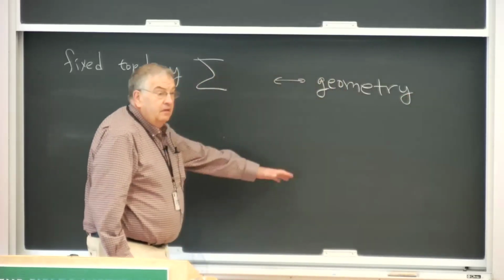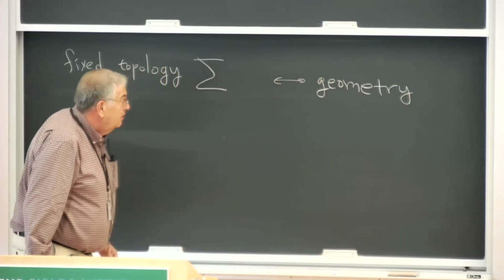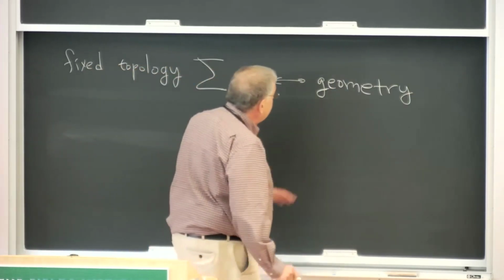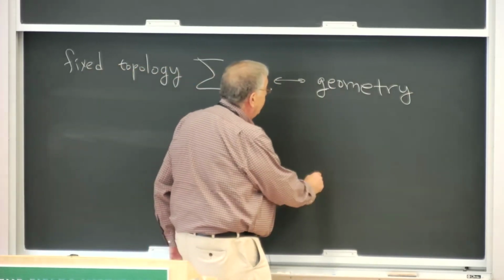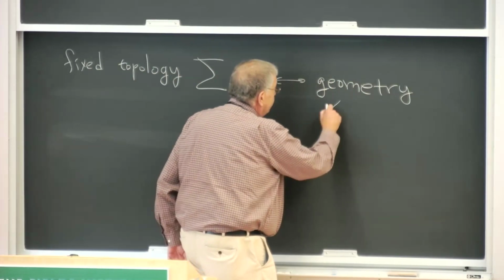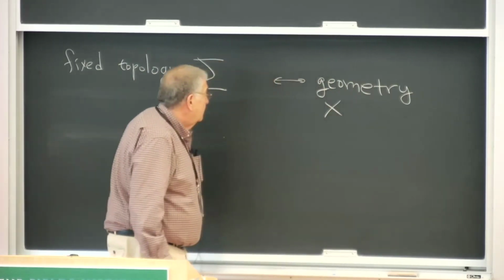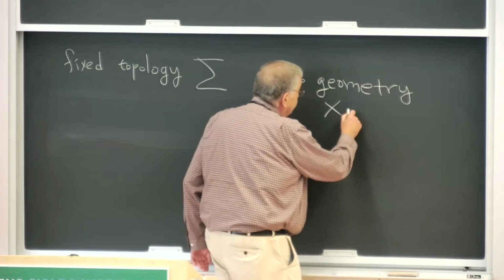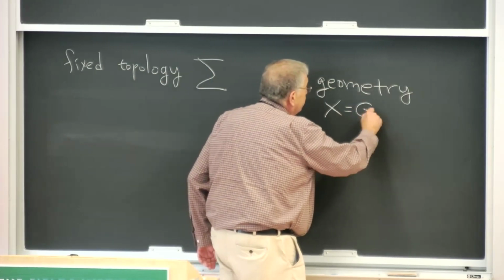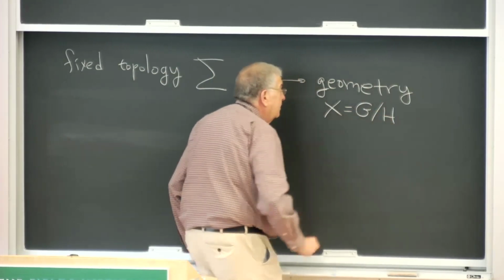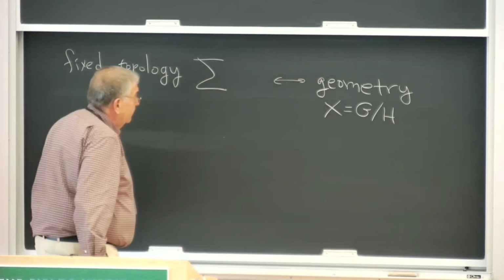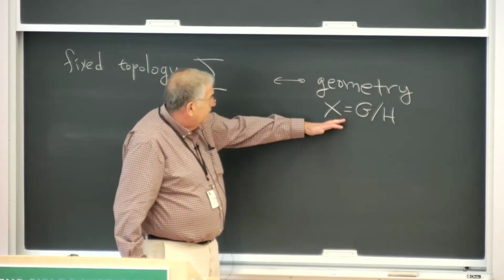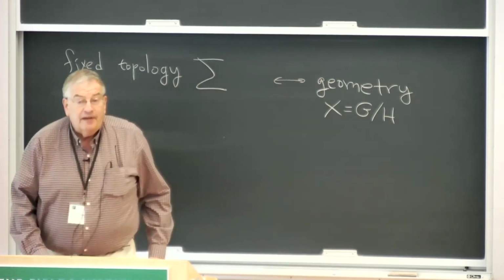Which will be given in the spirit of Felix Klein and Sophus Lie, the Erlangen program, by a homogeneous space. So we have a space X and a Lie group G, which is acting transitively upon it. And the geometry of this homogeneous space are just the objects on X that are invariant under the transitive action of G.